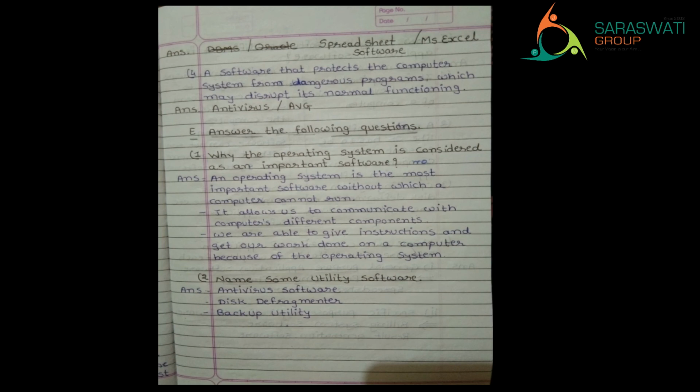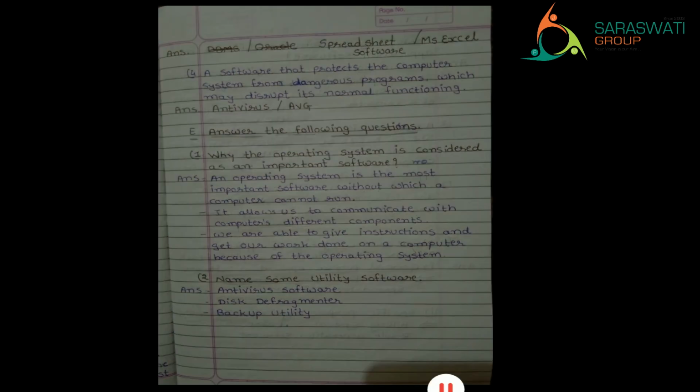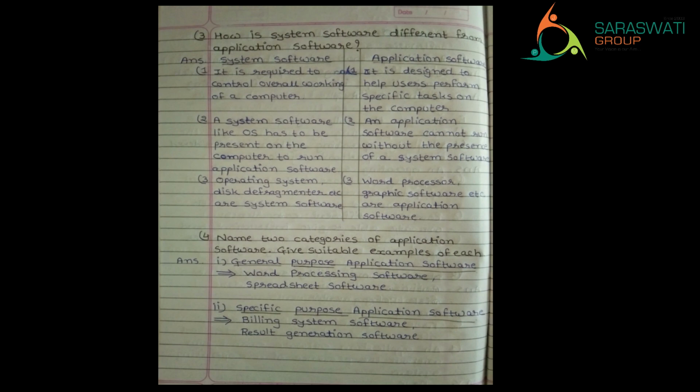Okay. So I hope you are clear till here. Moving further to the third question. Now kids, the third question. How is system software different from application software? Now this we have studied while explanation.